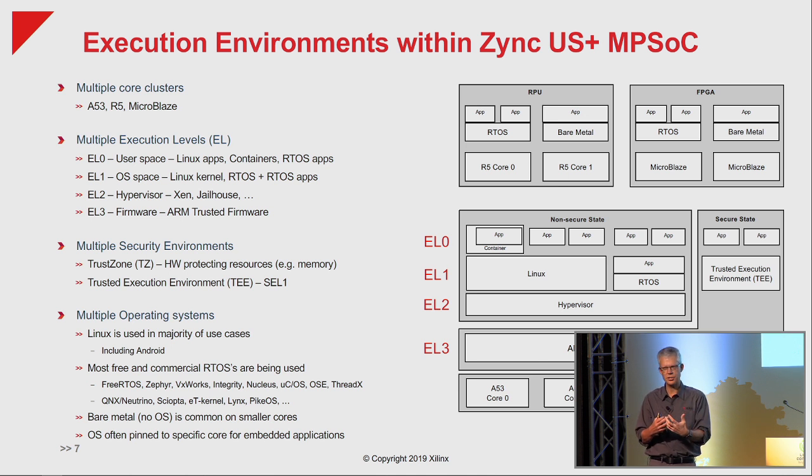You don't necessarily know where the code will end up. So how do you write code that you can then put in all these different places? So that gets kind of tricky, especially since the operating environment is different. Linux, these days, I would say 80% of our customers, or more than that, are using Linux, typically on the A cores. But then they have companion operating systems, or bare metal.